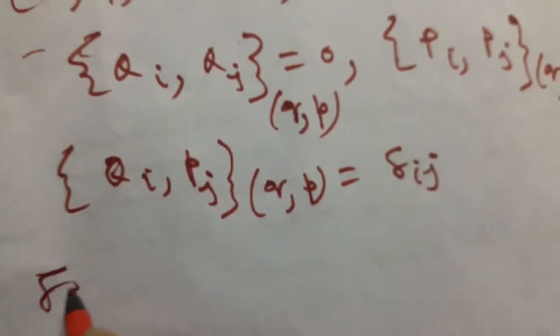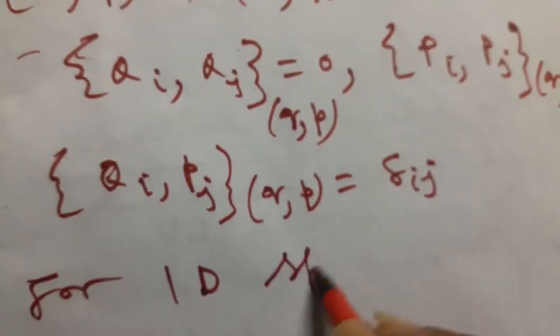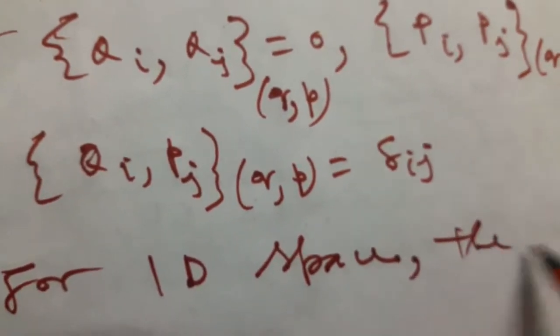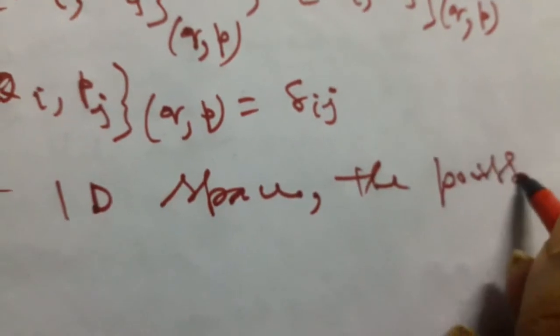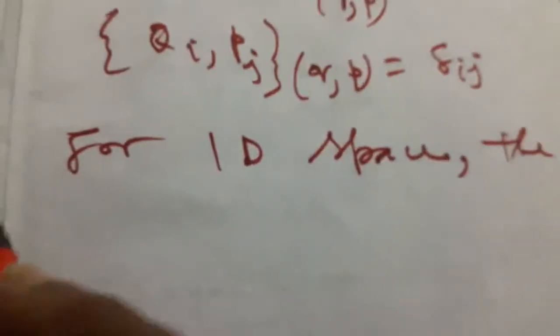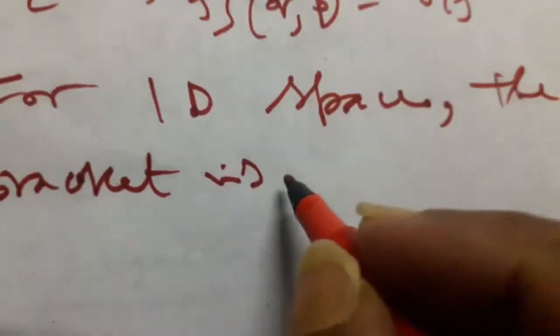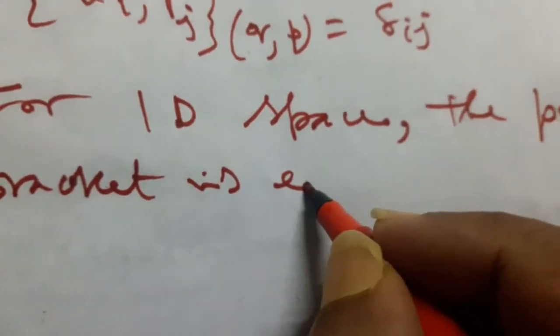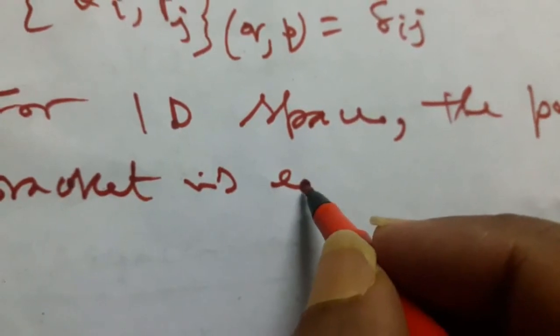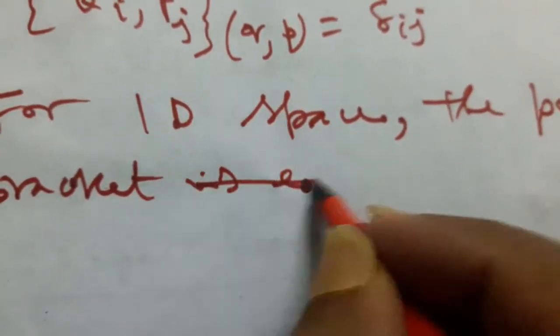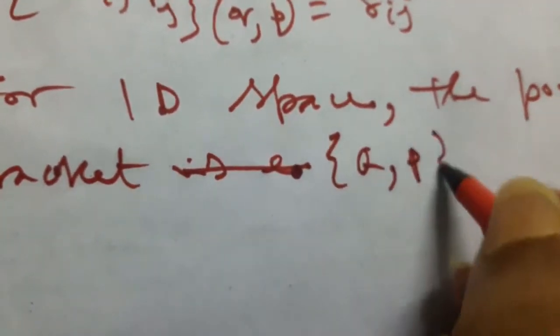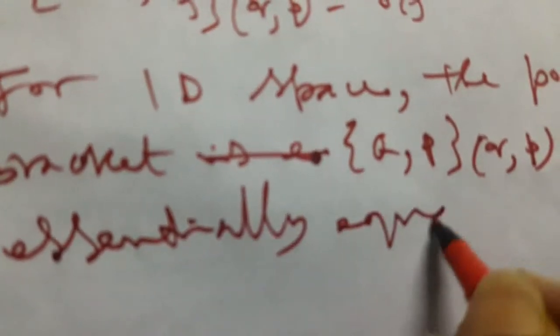Now for one dimensional space, the Poisson bracket of Q, P for q, p is essentially equal to the Jacobian determinant.